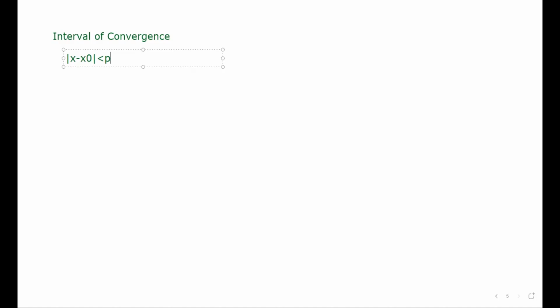So essentially, your x naught minus p up to your x naught plus p. But we don't know about these endpoints. So we would then need to check to see, is this included or not? Is this included or not? So we have to plug those back in.